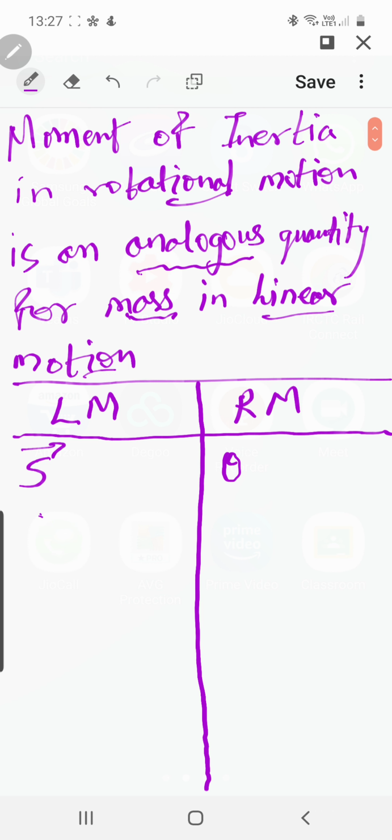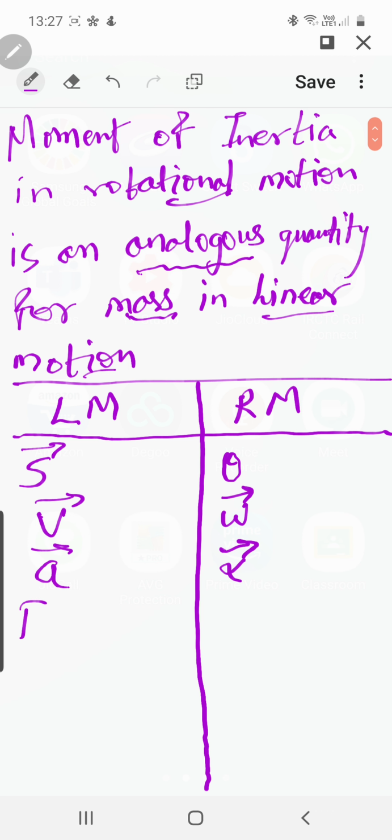Second, suppose I am considering velocity in linear motion, so it will be omega, that is angular velocity, in rotational motion. Acceleration a is linear acceleration, and alpha is the angular acceleration.